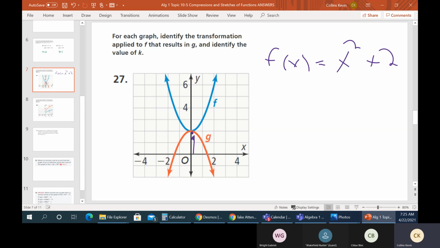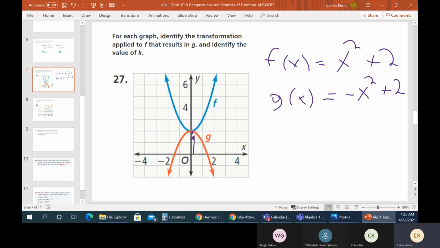Okay? So then g of x, the first thing we notice, which is very obvious, is that the graph is upside down now. So we do minus x squared. And this one also starts at 2, so this will remain plus 2.